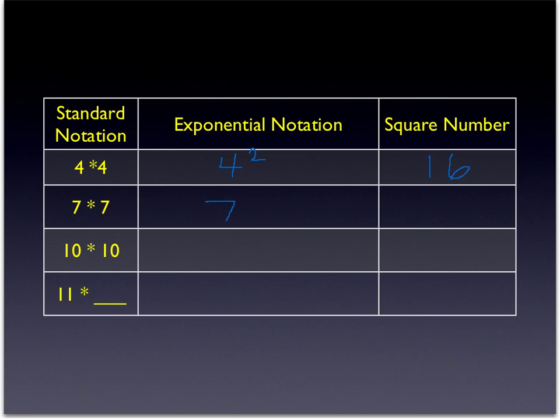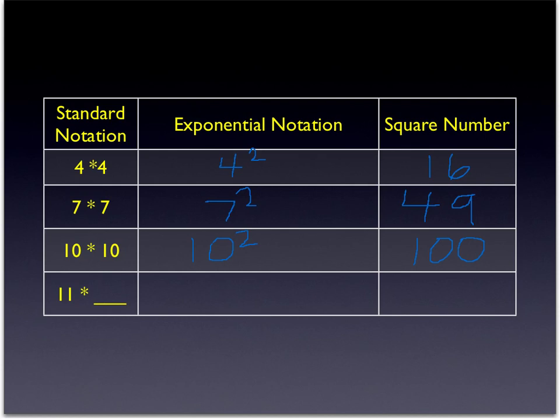So my exponential notation is 7 squared, which means 7 times 7. So my square number, what's 7 times 7? 49. 10 times 10? 10 to the power of 2. What's my square number? 10 times 10 is 100.